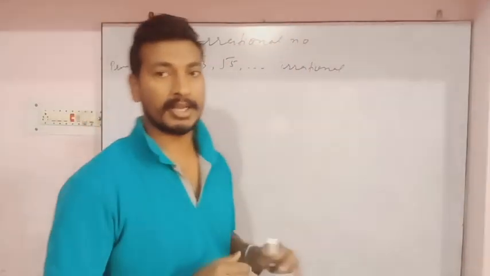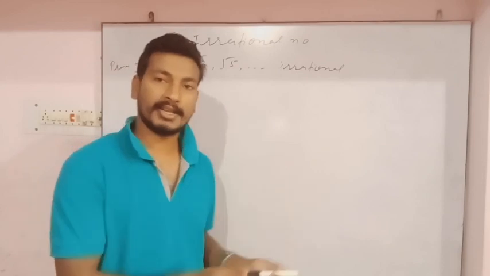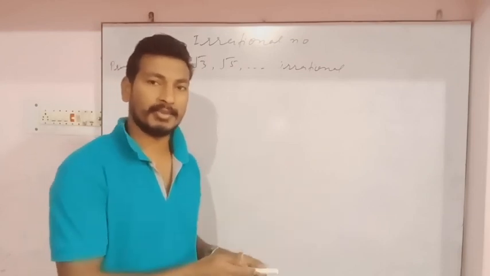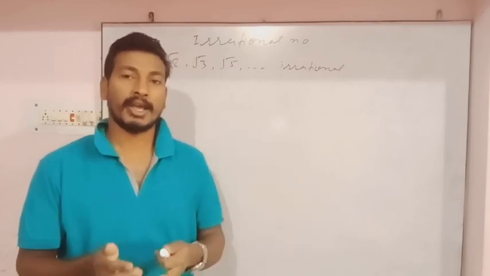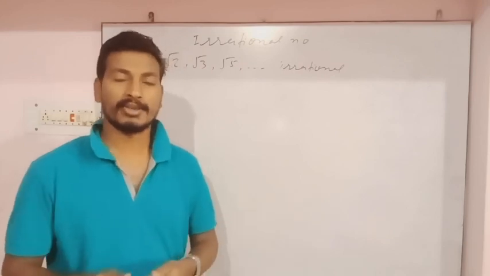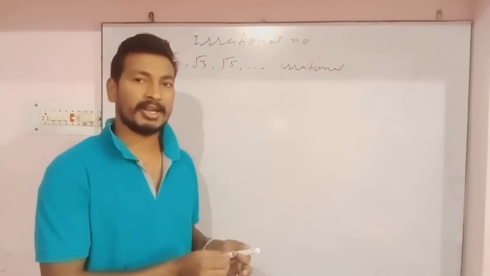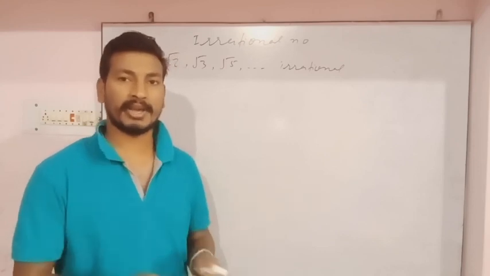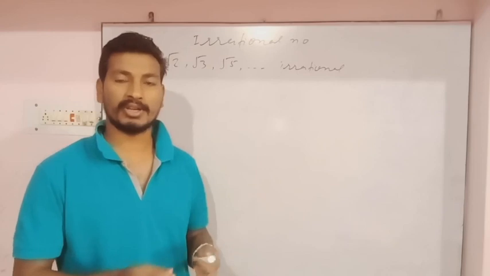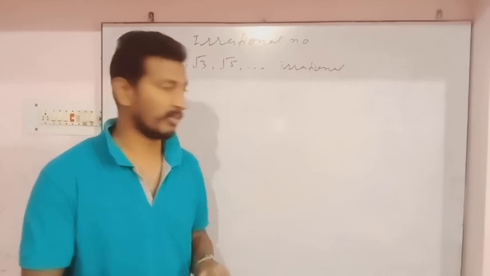So very first, what is an irrational number? For knowing irrational numbers, we should know rational numbers, which you have studied from class 6. The definition of a rational number: a number which can be written as p by q, where q is not equal to 0, is called a rational number.